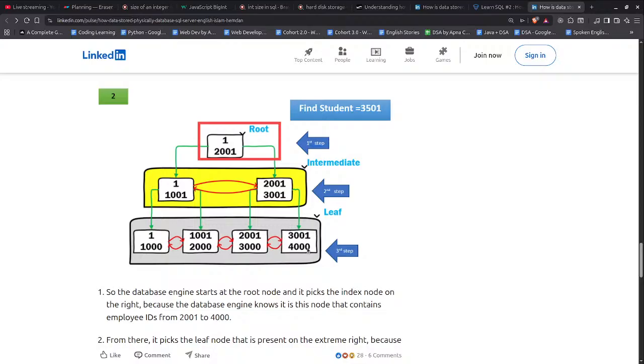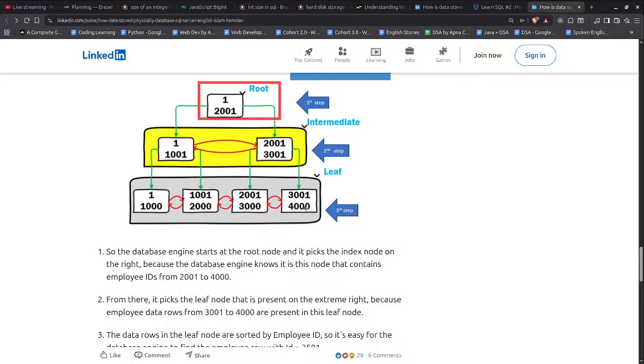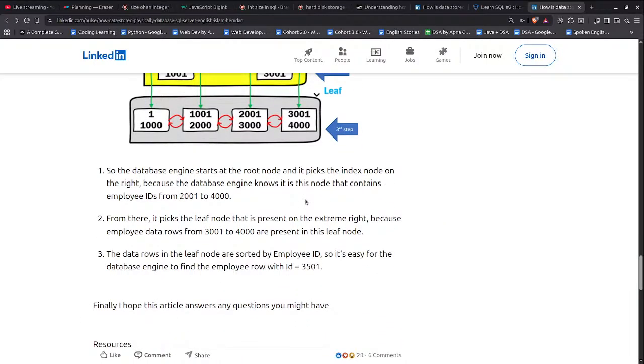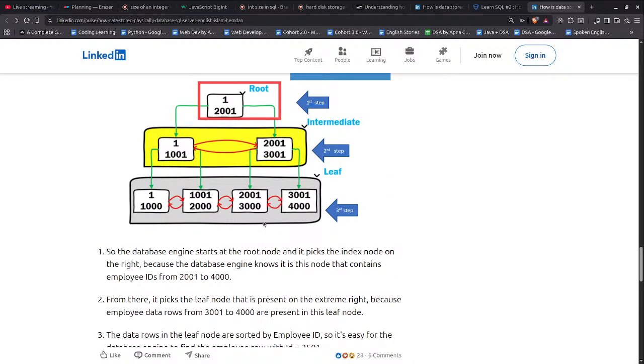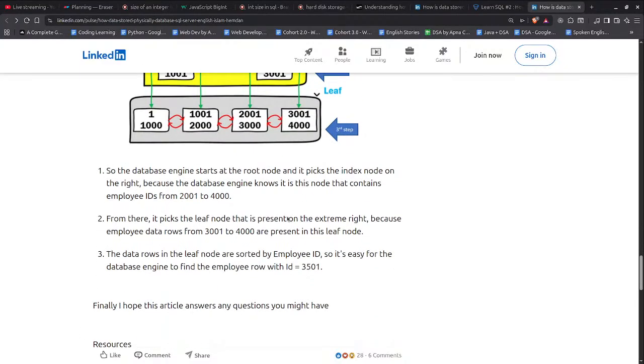It is not greater than this range, hence I'll start looking for the data in this particular page or extent, whatever you call that. This is actually the leaf, so we'll start looking for the data, and it is a combination of pages or extents. At the end of the day, because the data is structured, we know the ID and all, the ID is clustered, so we'll be able to find the data.